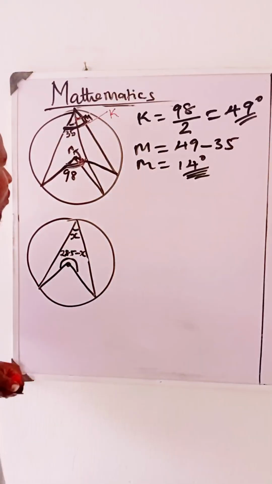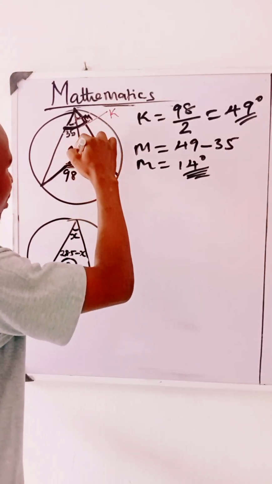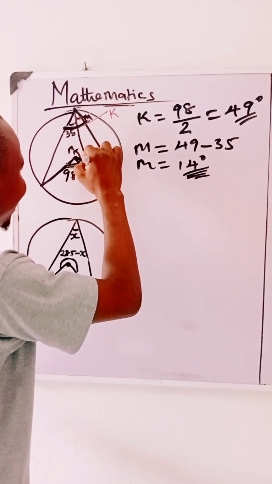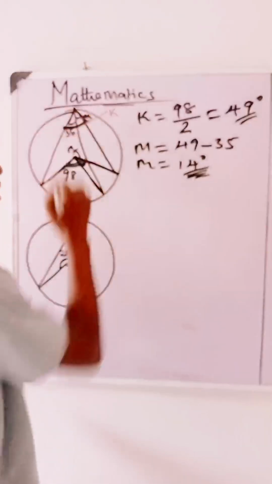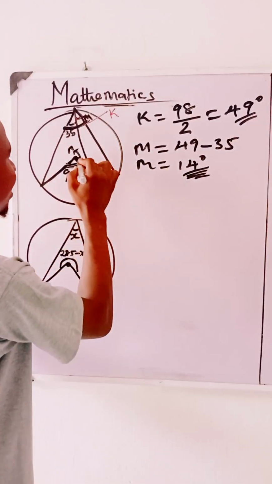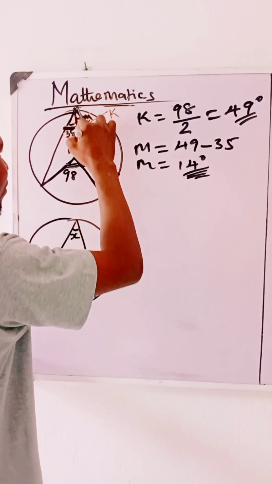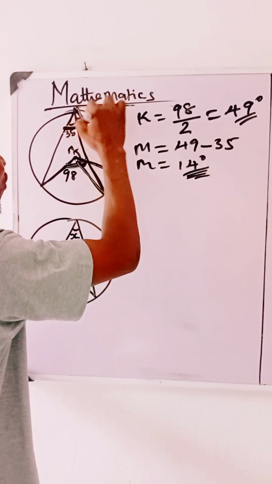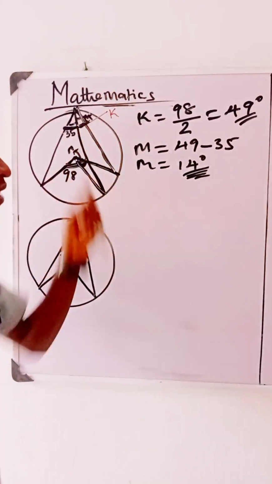Now, this is the radius, this is another radius, right, which form an angle at the center. Now this radius is related to which of the angles at the circumference? If you trace it, it's related to this part of the angle at the circumference, which is our M that we have calculated.